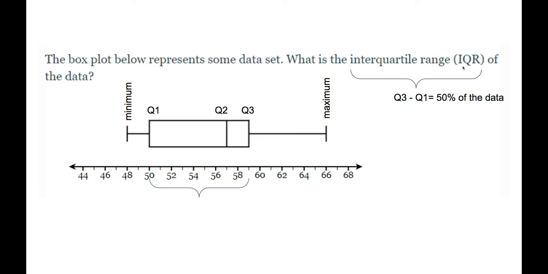We like to find that because that tells us where half of our data is. And it's the data that's usually close to the median. We will also usually find the mode, and the mean or the average, in that interquartile range.